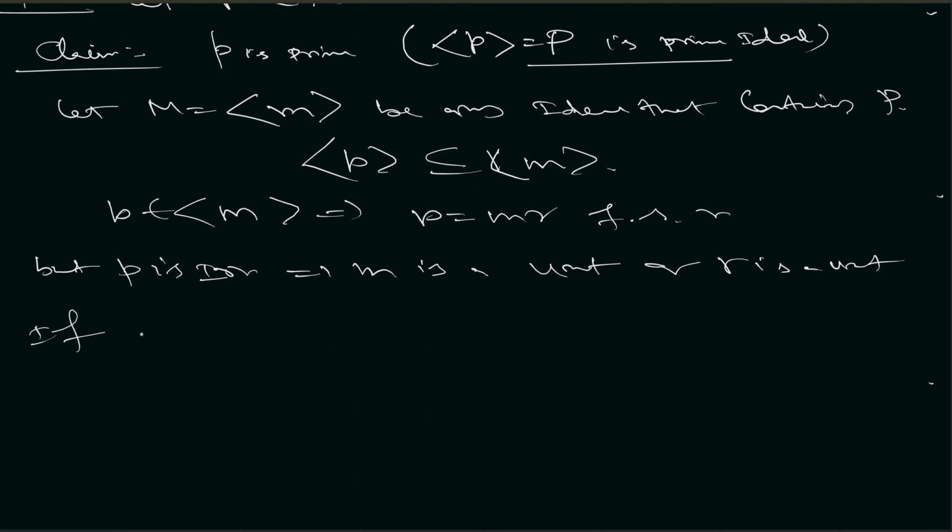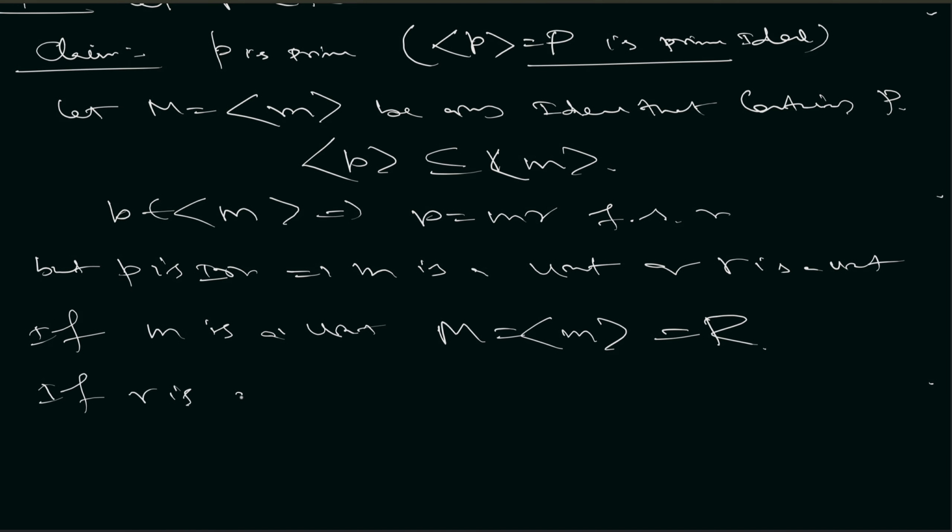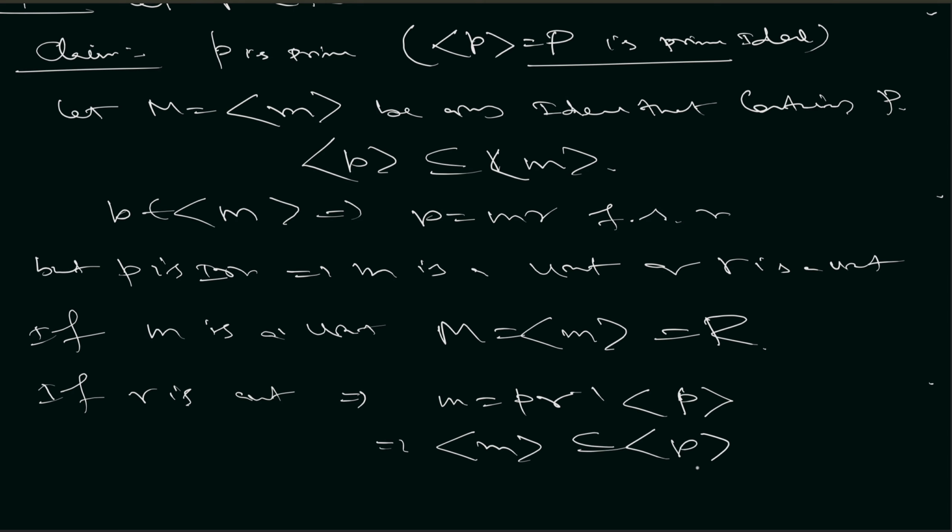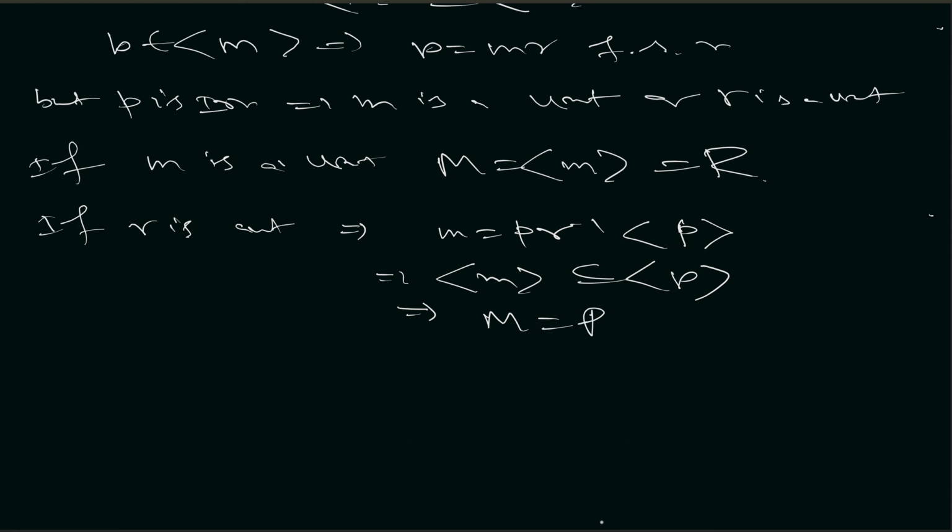If m is a unit, then the ideal generated by m is actually R. If r is a unit, this implies that m equals p r inverse, which is in the ideal generated by p. This implies that the ideal generated by m is contained in the ideal generated by p, so the ideal generated by m equals the ideal generated by p.